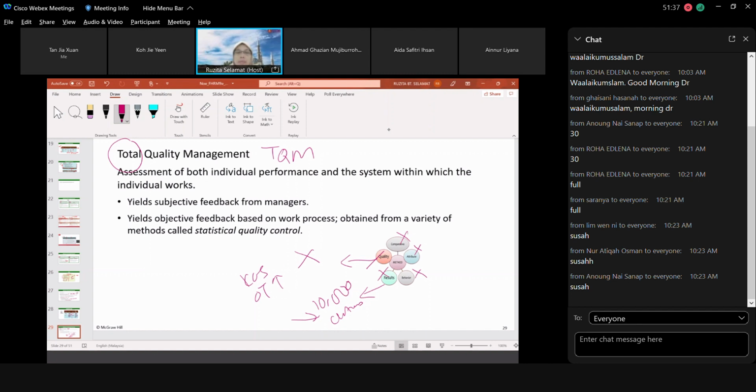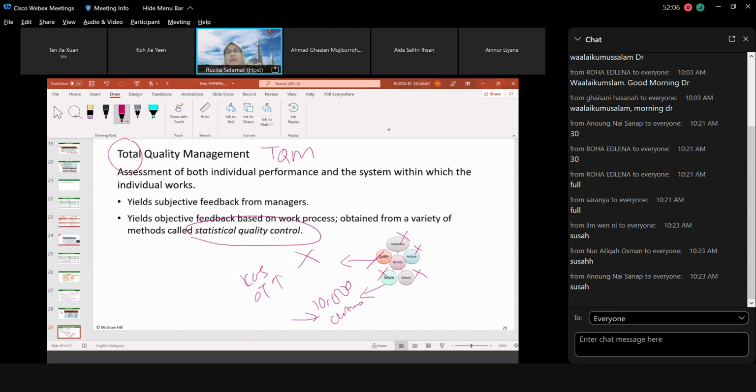Mungkin company boleh gunakan statistical quality control, satu tool untuk melihat bagaimana work process dan sebagainya, ada pengiraan, mungkin nak tengok ratio antara cost dengan output, ada macam-macam tools, but in the end, they are focusing on quality. That's the keyword, right? Focusing on quality.